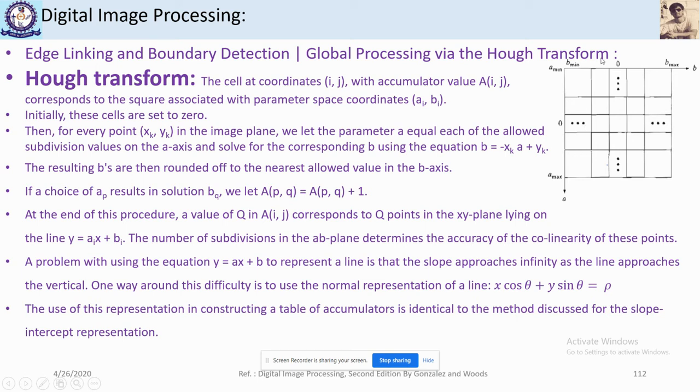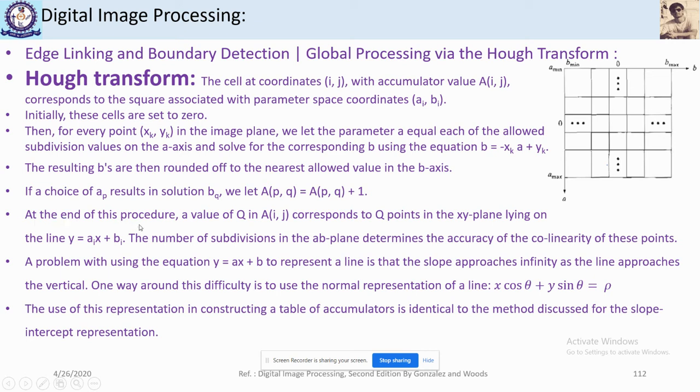Then the corresponding cell for these two values is this one, represented by apq. Its cell value will be incremented by 1. So this is how we calculate the value for each cell in this 2D array.